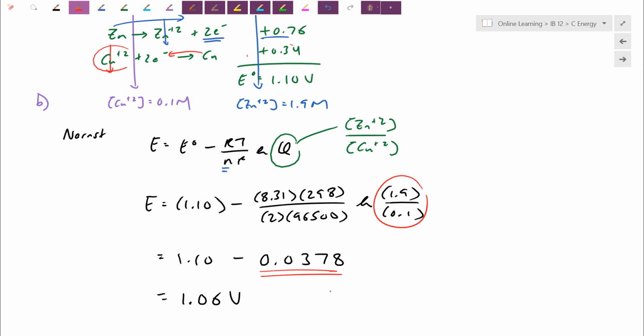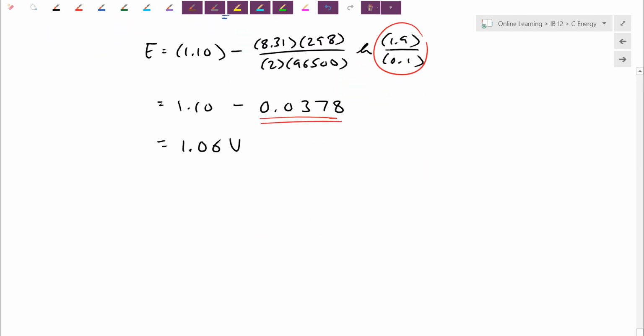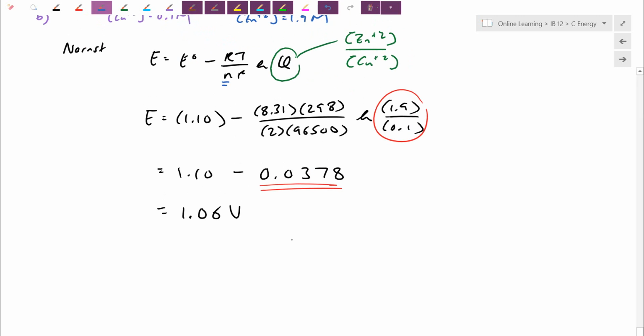To visualize this a little better, if you look at the Nernst equation, it helps compare the voltage, so E with no naught symbol, the voltage at any given time.